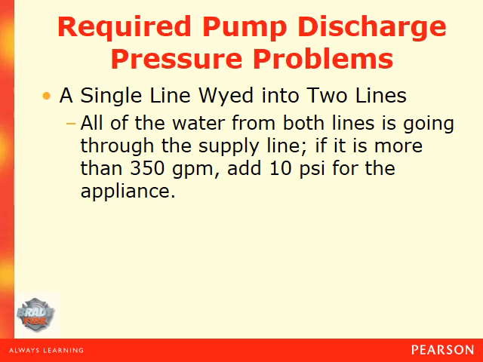If it is more than 350 gallons per minute, because a Y is an appliance, then we're going to have to add an additional 10 psi to that pump discharge pressure to get the correct answer.